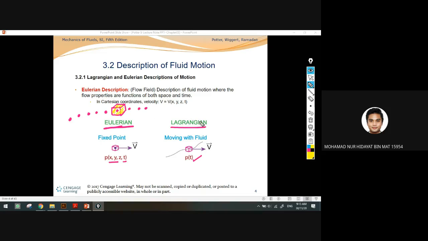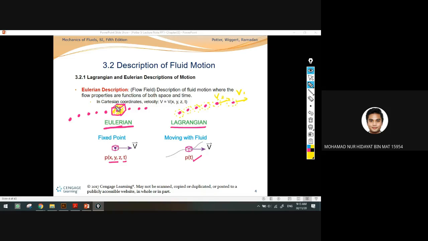However, for Lagrangian, we are measuring this particle. We are measuring this individual particle. The particle flow. Every detail of the particle we measure. So we have 6 particles of fluid motion, and we measure this velocity, velocity 1, velocity 2.